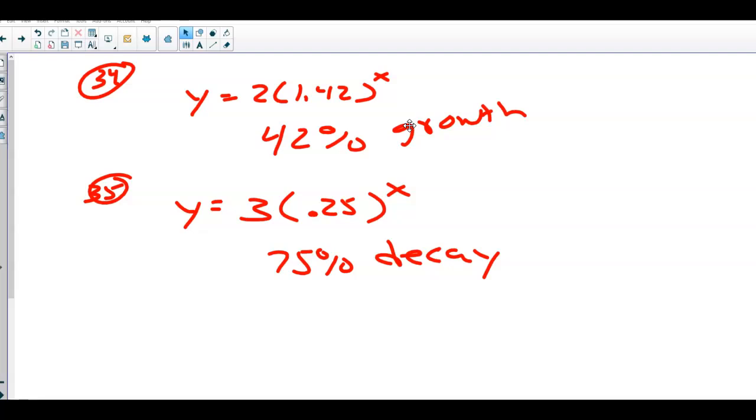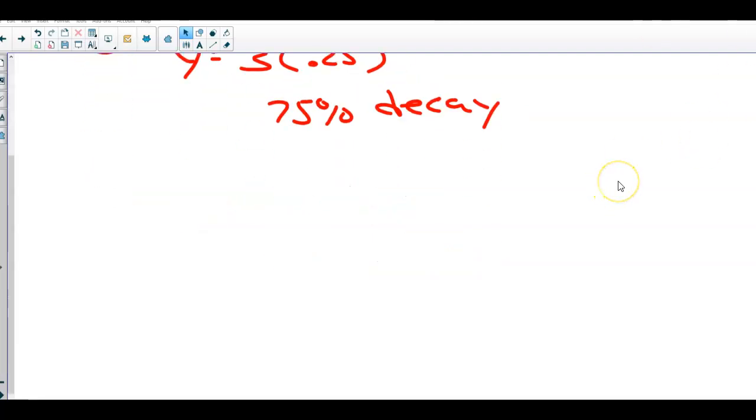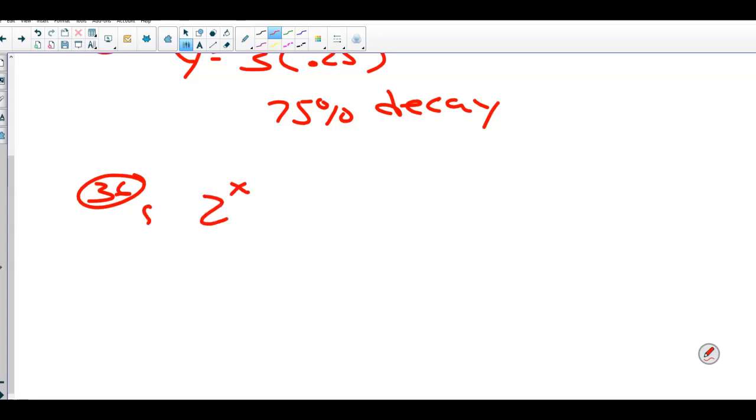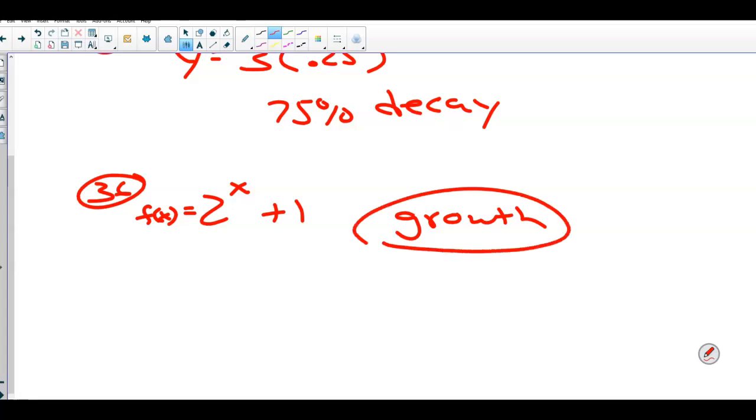Next, 36. Anytime you have f of x equals 2 to the x plus 1, that's growth. When the number that's being raised to the exponent is bigger than 1, that's growth.